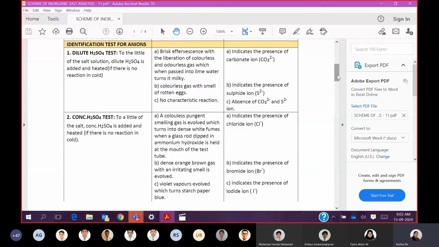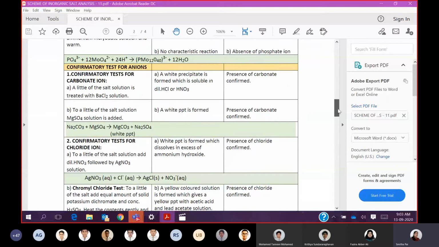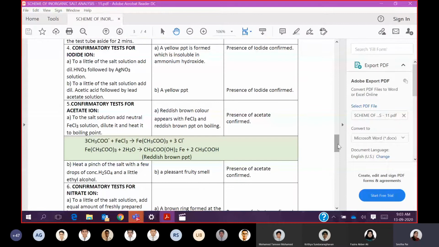So these are the tests that we are going to observe now. Once acetate is detected, directly you will be doing the confirmatory test for acetate. There are two confirmatory tests. So we'll just check the video on acetate. Then we can go through the reactions.